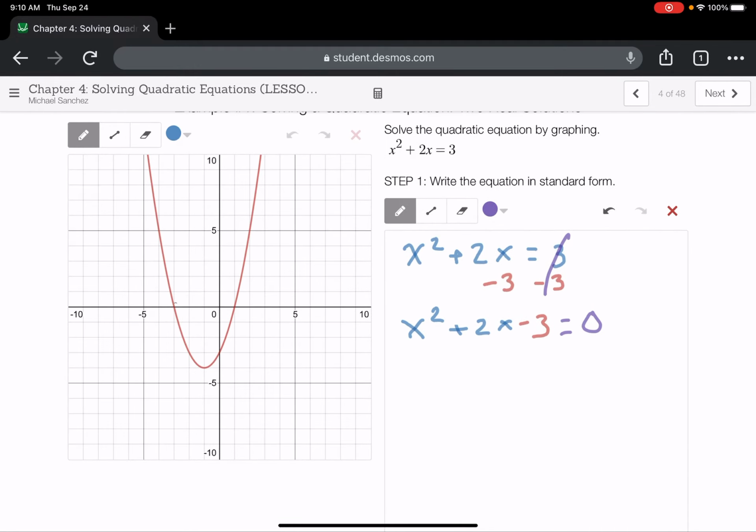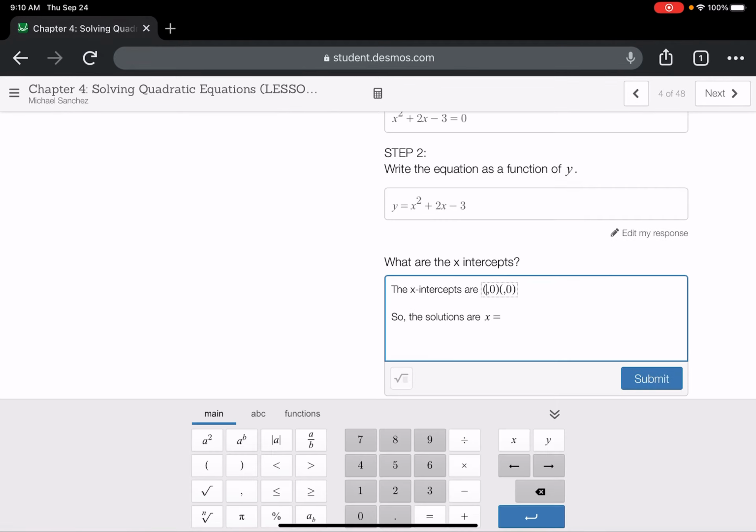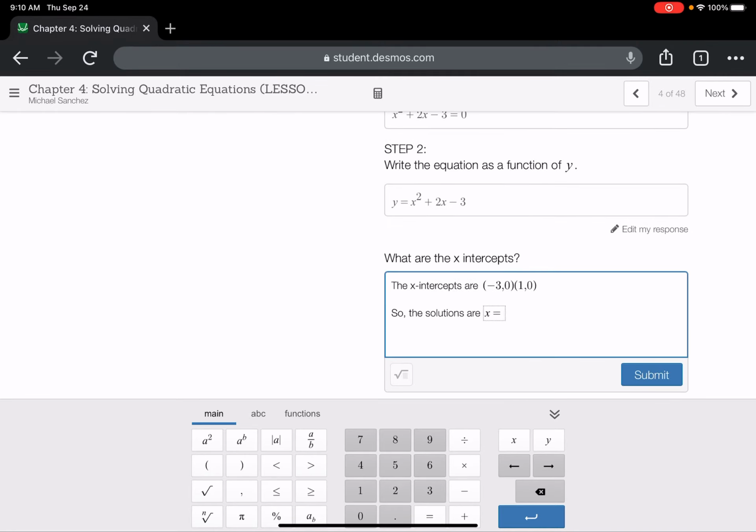We see that our graph crosses the x-axis at 2 points, which are -3 and +1. So those are our x-intercepts, (-3, 0) and (+1, 0). That means that our solutions are x equals -3, and x equals +1.